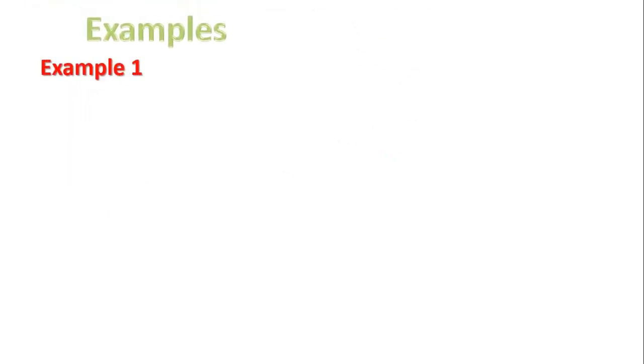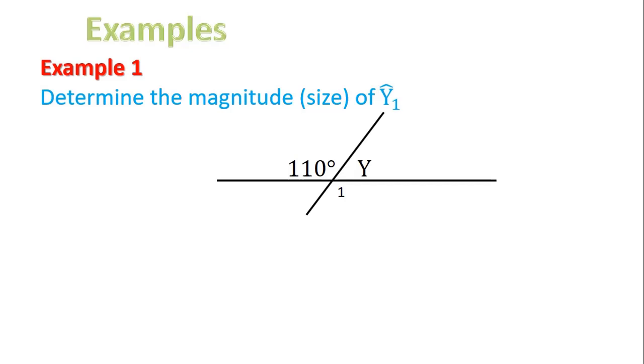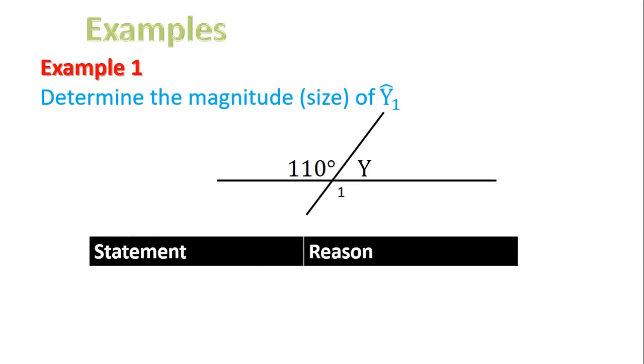Example 1. Determine the magnitude or size of y1. Well, we have our diagram, again two lines that cross and they intersect at point y, and we've got 110 degrees and then we've got y1. So let's work with this example. My statement and reason.